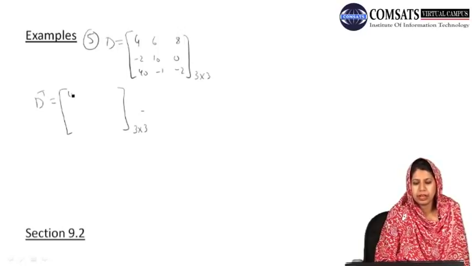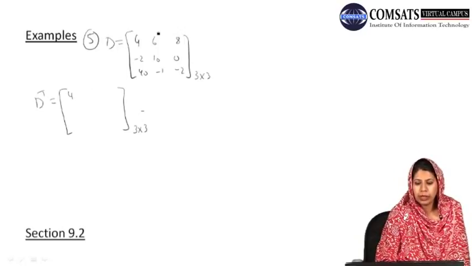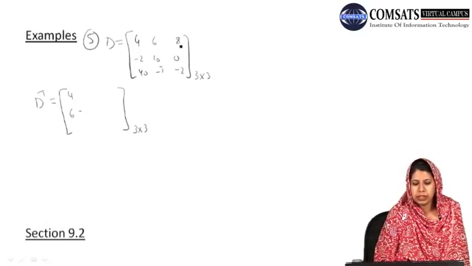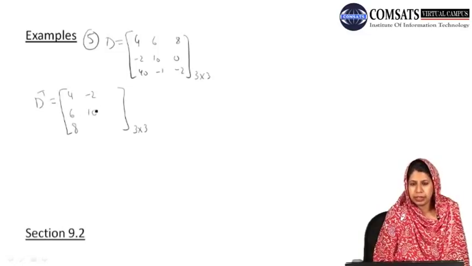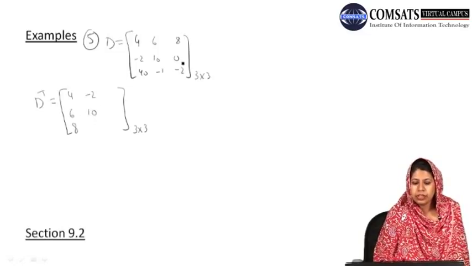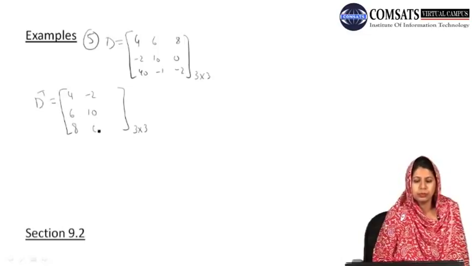The first one will remain as it is. A12 will be A21, A13 will be A31, A21 will be A12, the diagonal entry A22 will remain as it is, and A23 will be A32.